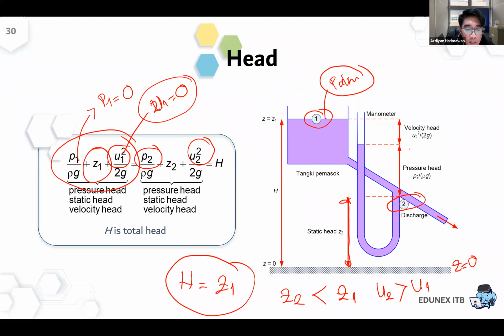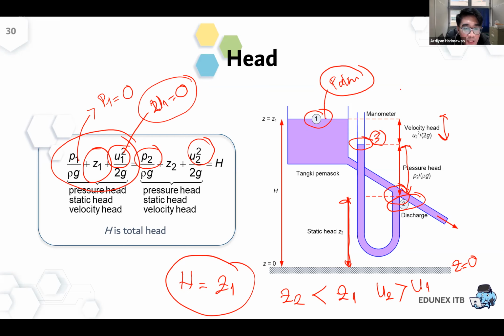So this represents the pressure head, the pressure energy, and this one represents the velocity head. Because basically the pressure at point 2 will be the pressure at point 3, which will be the atmospheric pressure, right?